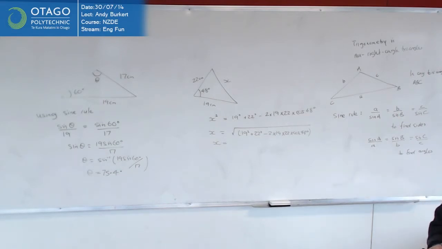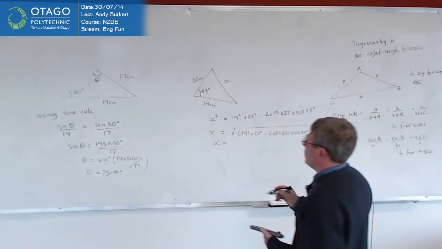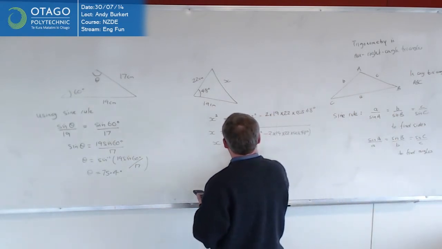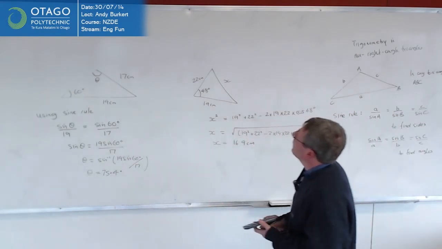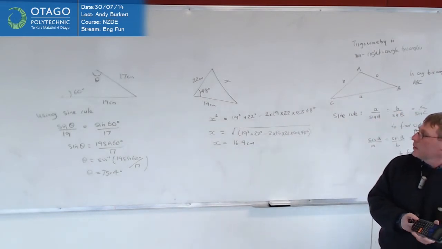And what do we get? 16.9, to 3 significant figures. So 16.9 centimetres. Okay?